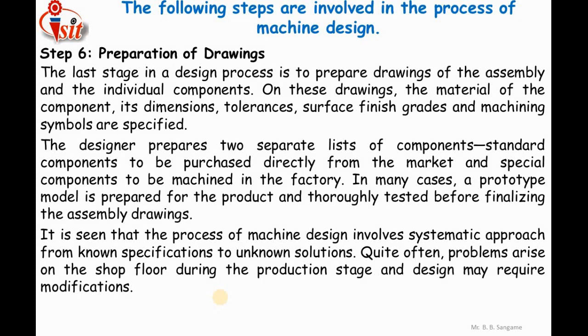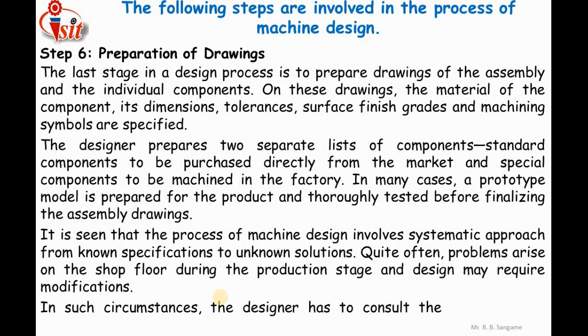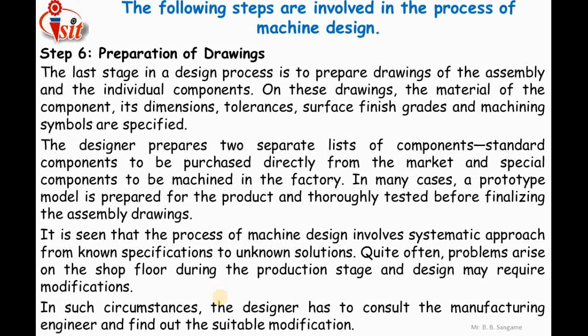Sometimes whatever the design engineer thinks may not be feasible to manufacture inside the plant. In that case, according to the feedback of the production supervisor or production engineer, a design engineer may have to change his design. In such circumstances the designer has to consult the manufacturing engineering and find out the suitable modification. So that's it. Thank you.